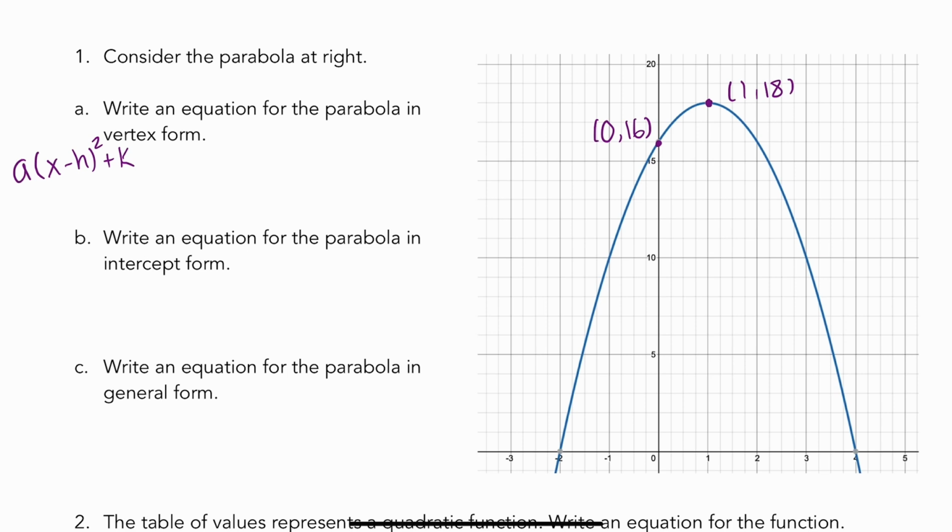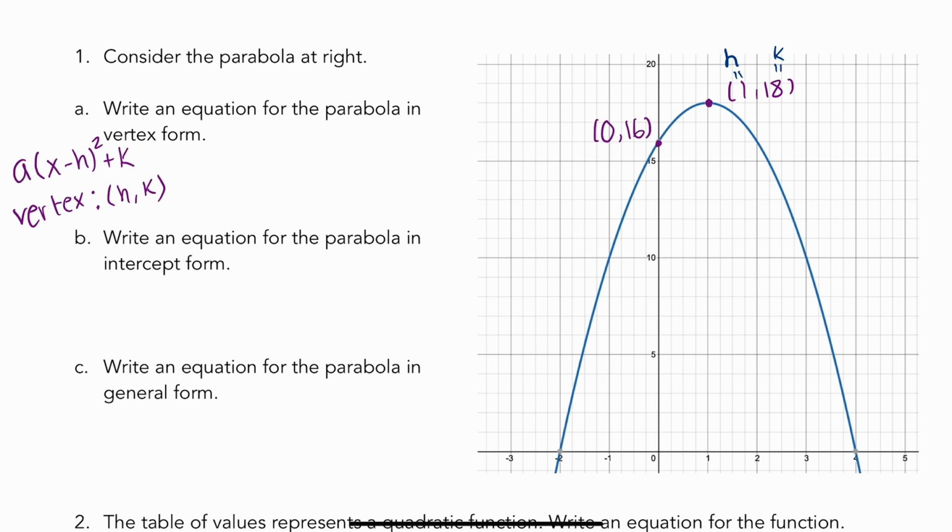All we need to write the equation in vertex form is the vertex and a point. Your vertex is written as (h, k). So just by looking at our graph, we know that h is equal to 1 and k is equal to 18.